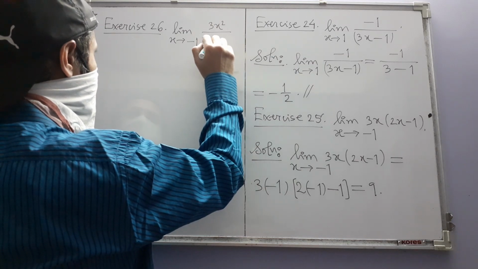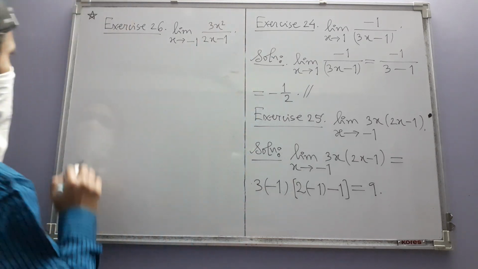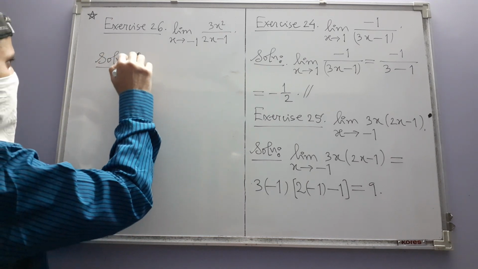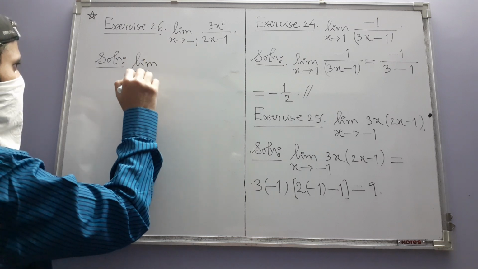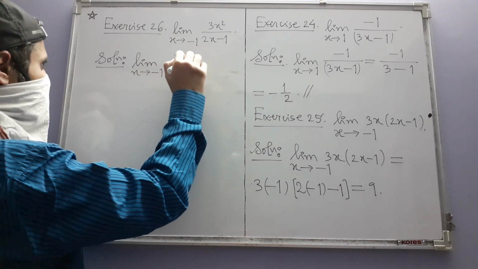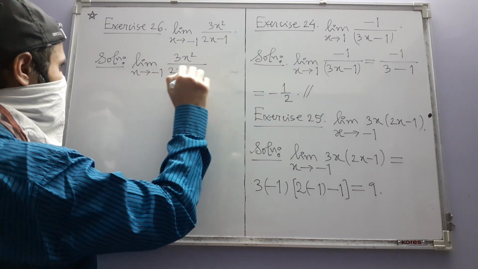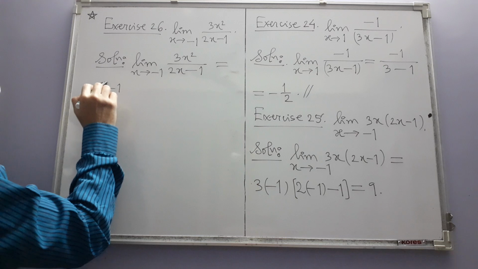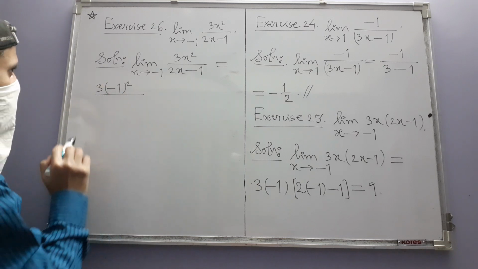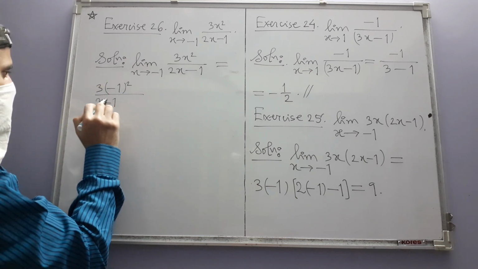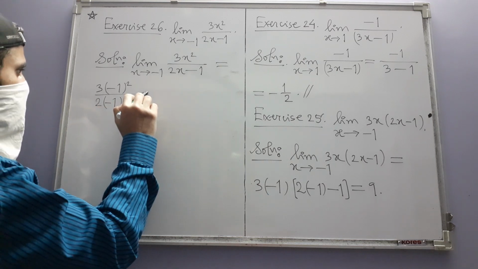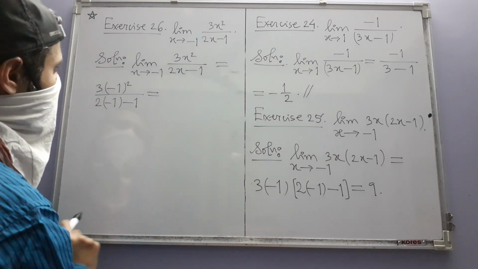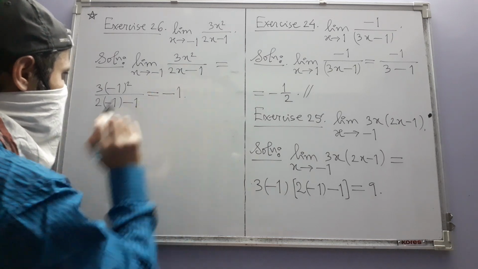Three x square over 2x minus 1. So in the numerator we have 3, in the denominator we have minus 3, so minus 1.